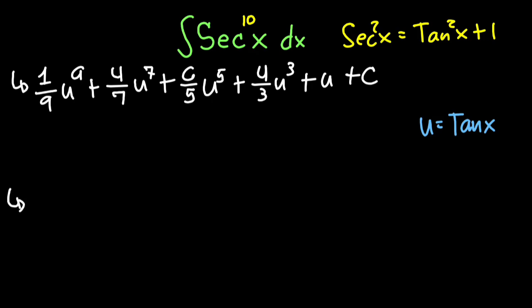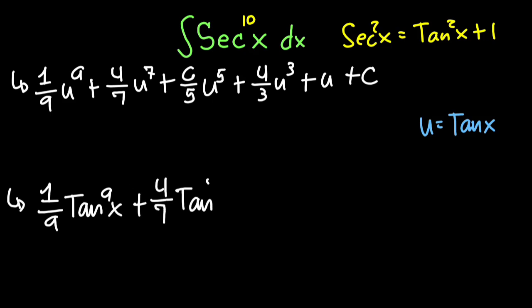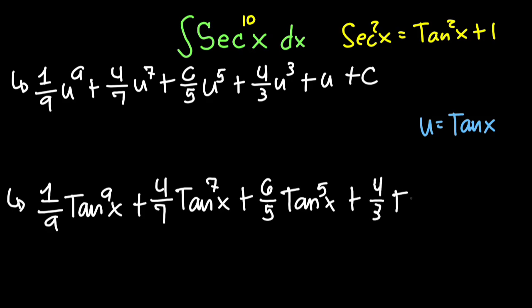And thus, your final answer would be equal to 1 over 9 tan to the power 9 of x plus 4 over 7 tan to the power of 7 of x plus 6 over 5 tan to the power of 5 of x plus c.